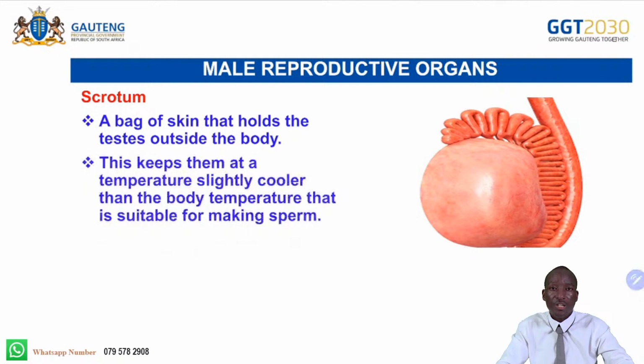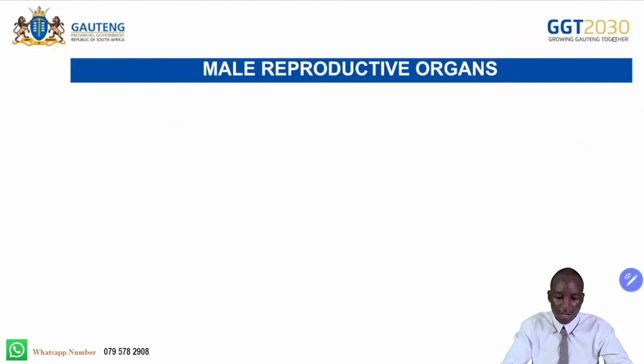They should have their own temperature which is cooler than the body temperature. So now the scrotum keeps the testes under there, so that they won't be affected by any increase in temperature or any high temperature of our bodies, right? So that's the function of the scrotum.